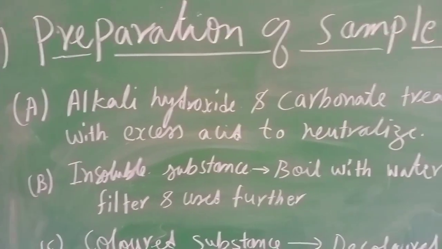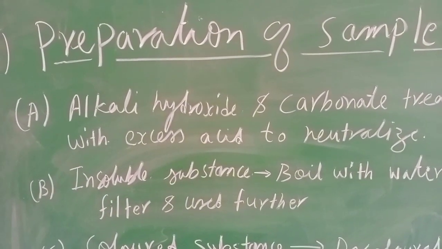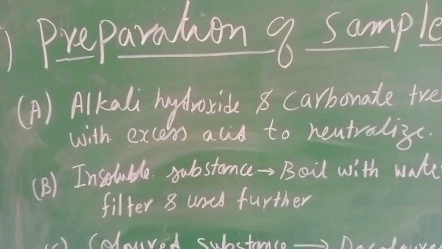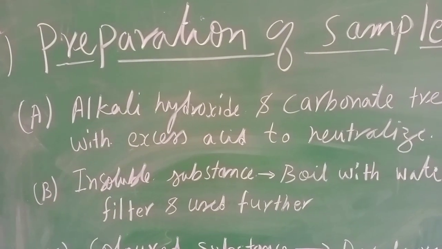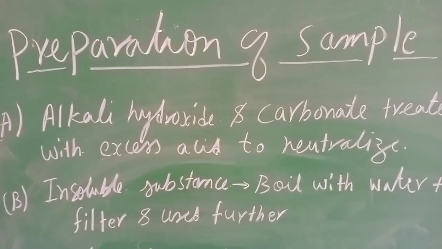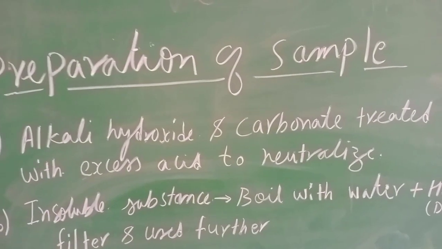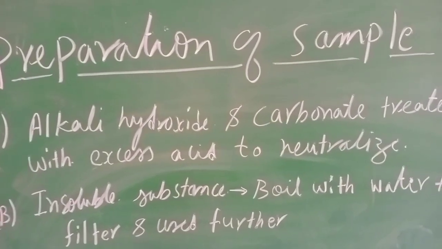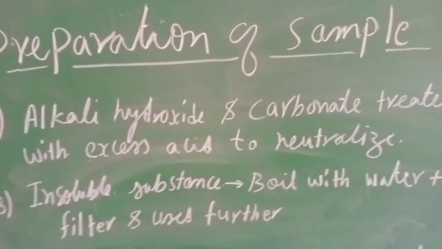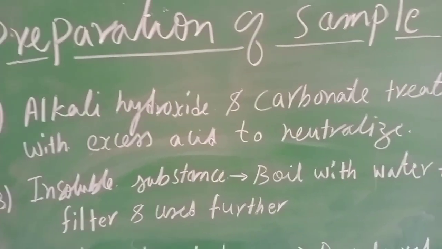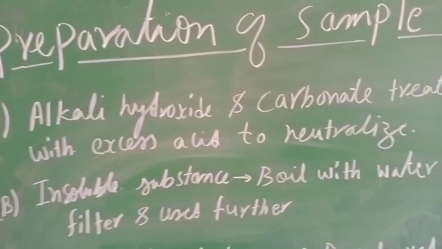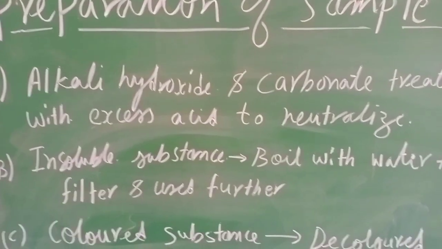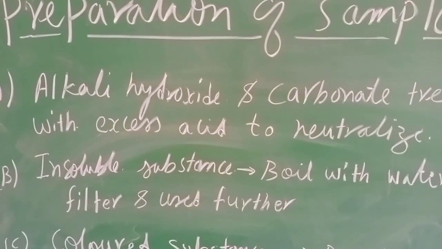For example, in a case if we are handling alkali hydroxides or we are handling carbonate, as these compounds are alkaline in nature, that is, they are having pH greater than 7, such types of compounds must be neutralized with the help of acid.